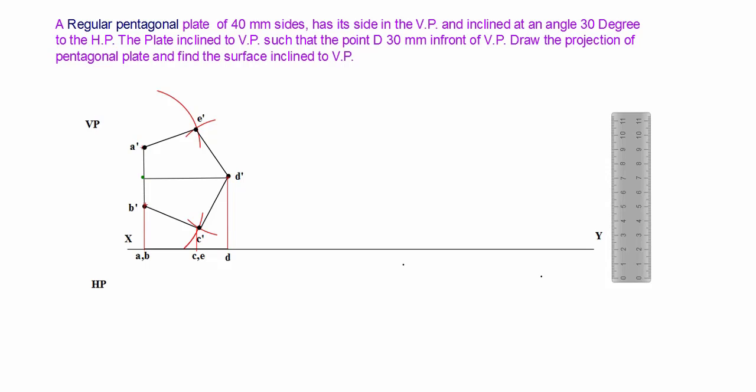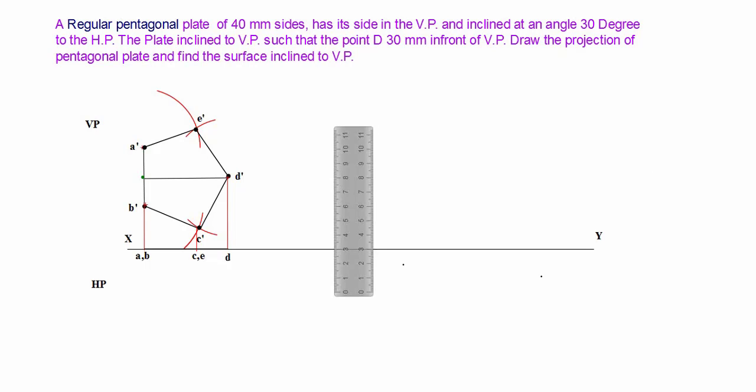So first we draw the pentagon on VP plane as the elevation, and the top view of the pentagon exactly on the XY line, and here we show the top view points A, B, C, E, D without dash. So always remember, the dash points are shown as the elevation, and without dash points it is shown as the plan.